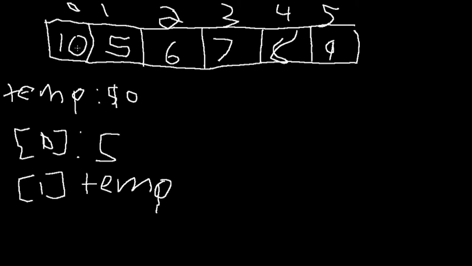You have to move 10 and save it in temp so you don't get rid of it, rewrite 5 here, and set 5 to temp again. So if you were counting operations, this is 1, this is 2, and that's 3. So you already have 3 operations just to do this once. And then you would go through, and at the very end you have what you're looking for.